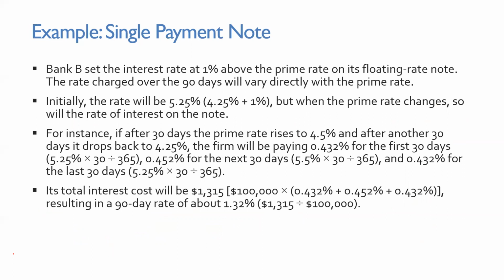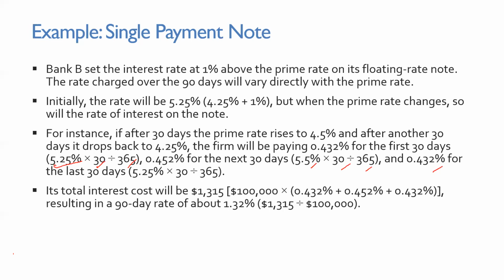For instance, if after 30 days, the prime rate rises to 4.5%, and after another 30 days, it drops back to 4.35%, the firm will be paying how many? No, 0.432% for the first 30 days, which is essentially 5.25, which is the annual rate, times 30 divided by 365. 0.452 for the next 30 days, 5.5 times 30 divided by 365. And 0.432 for the last 30 days.